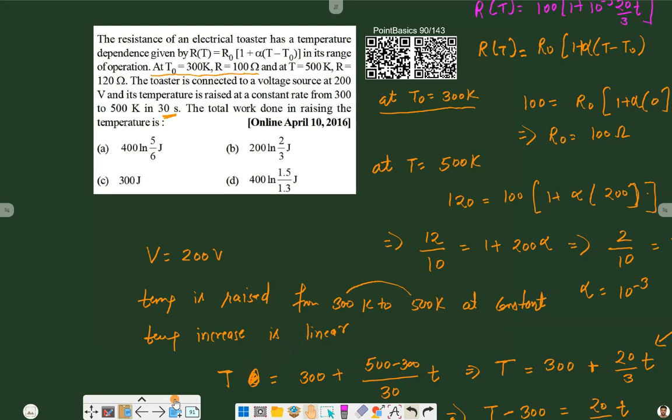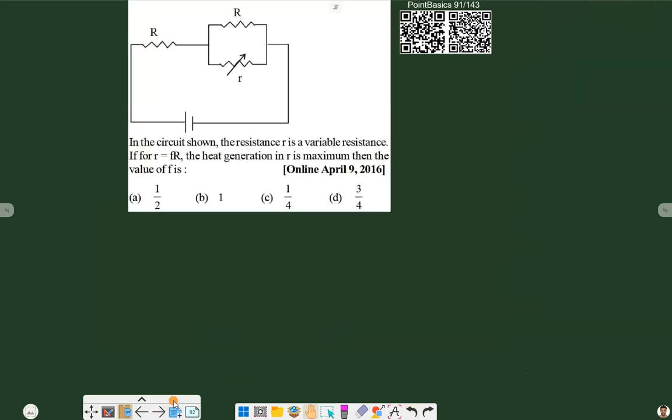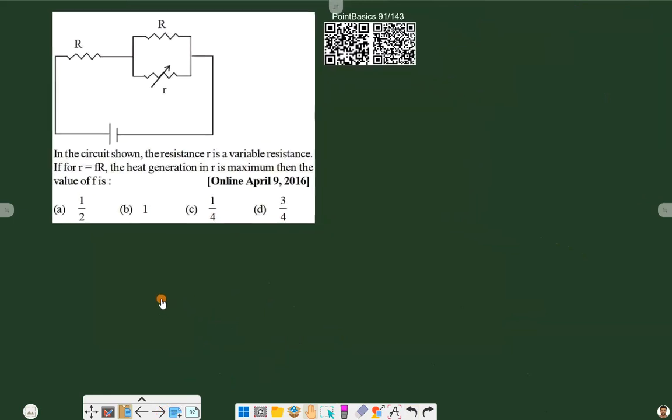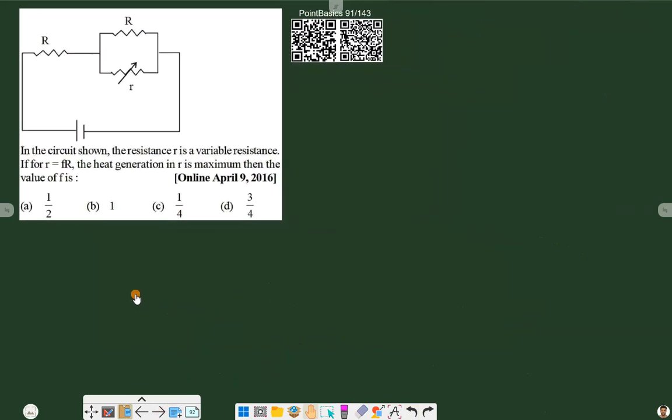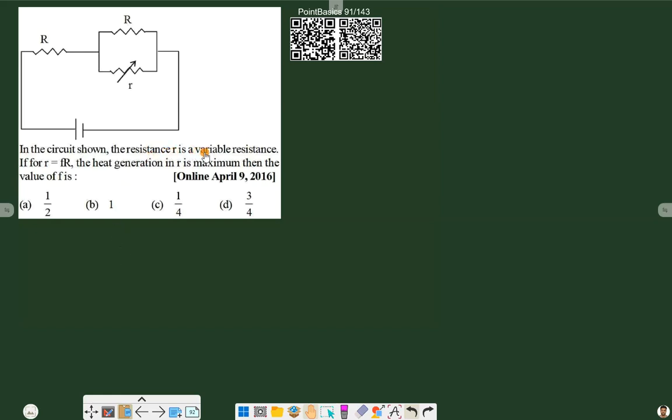Moving to the next one. So we have a diagram of a circuit shown. The resistance R is a variable resistance. If small r is some F times capital R, heat generation in R is maximum, then the value of F is.